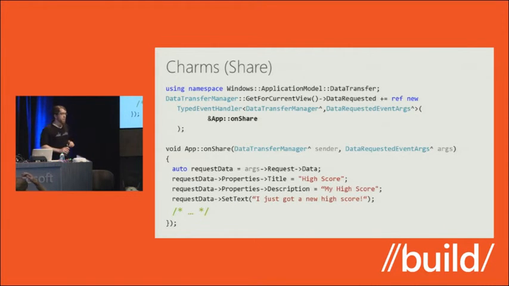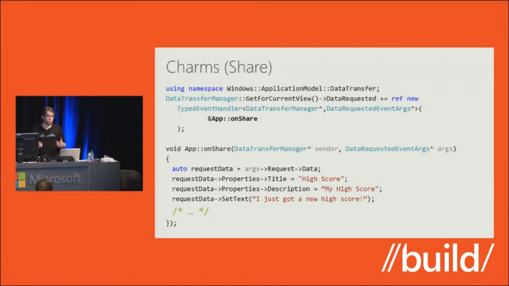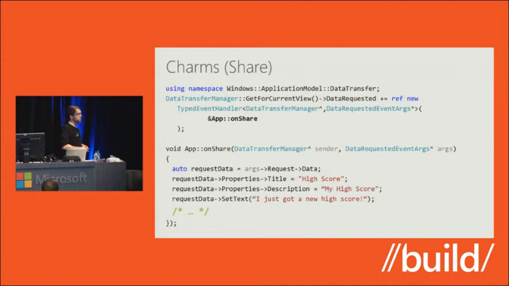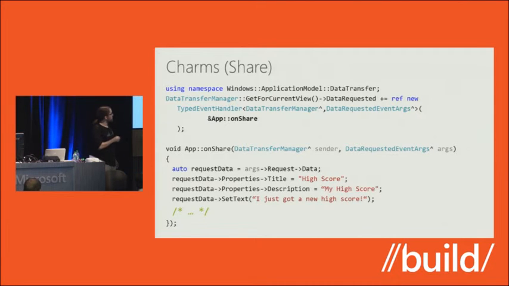One of the things that can help make your app go viral is the share charm. Here's how you do that. You're using the class data transfer manager, and you're using the data transfer namespace. And then when I go on the right side of the screen, swipe in from the edge, and grab that share charm, and press on that share charm, this is what's going to be called.